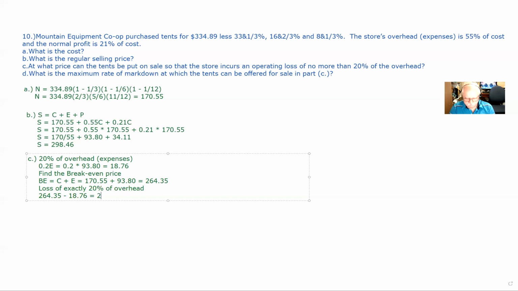So 245.59. At this price, we're making a loss, but it's no more than 20% of the overhead. This would be the lowest price we could charge and make a loss of exactly 20% of the overhead.